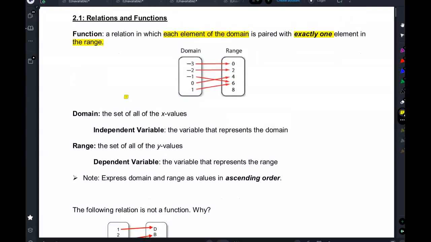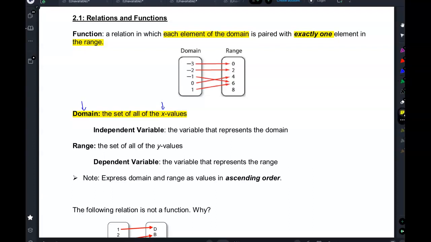Okay. So the domain then is always the set of all x values that work or exist in a function or a relation. Okay, so always relate the word domain to the x values.